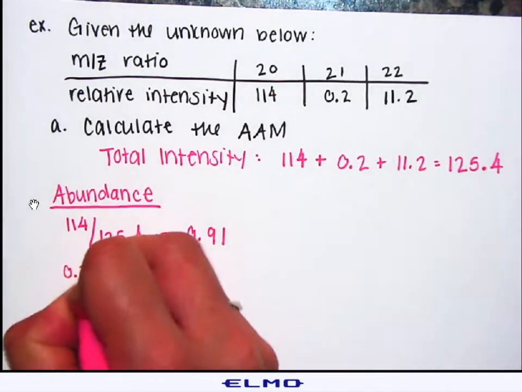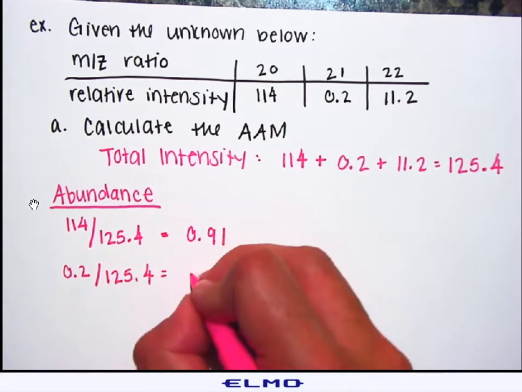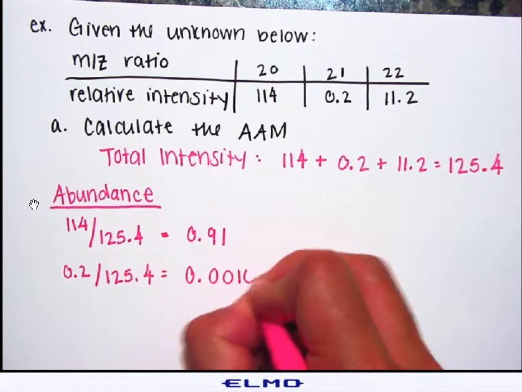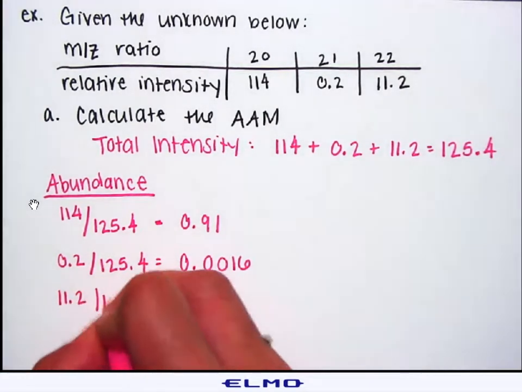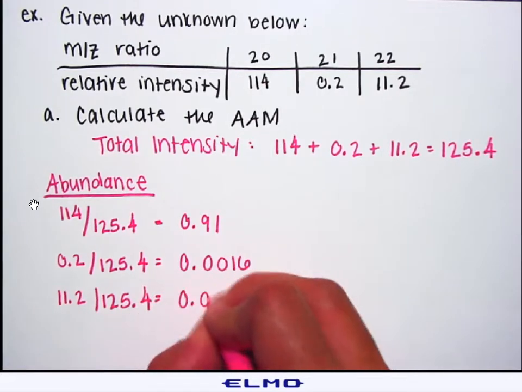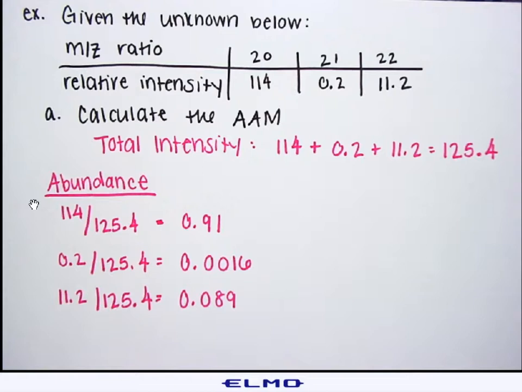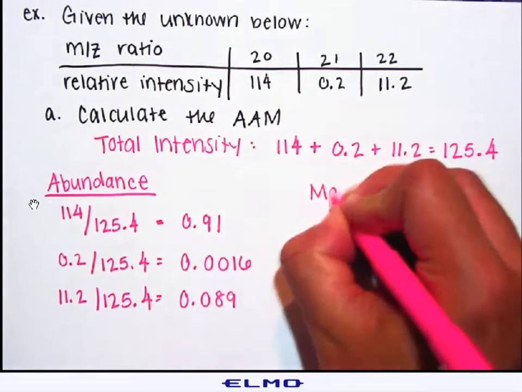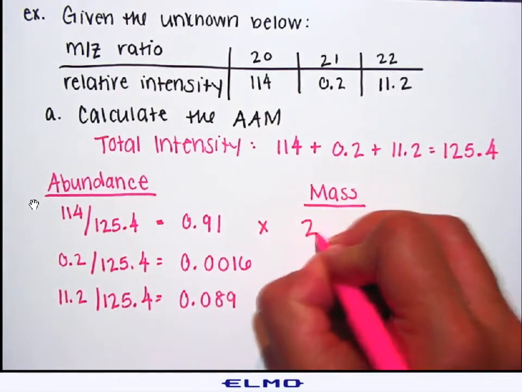We can do the same thing with the next isotope, and the third isotope. Once you calculate your abundances, it is exactly like a normal average atomic mass problem. We are going to do mass times abundance. So we could take our abundance and multiply it by the mass.